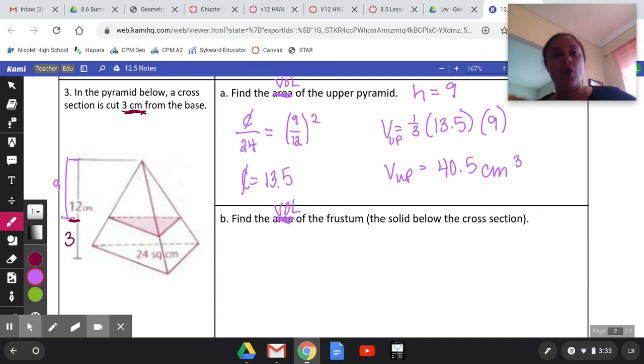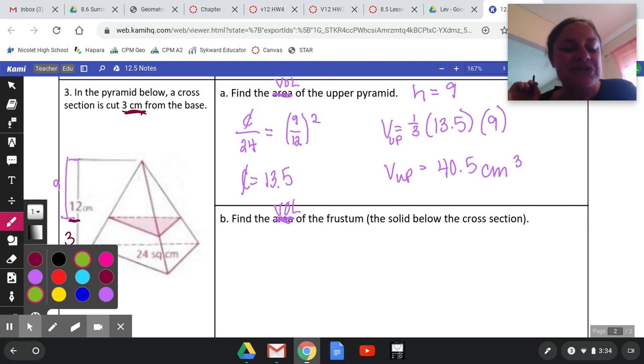I need to find the total volume of the pyramid, and then the volume of the upper pyramid, and find the difference of those two, because what's left over is just that bottom portion. I already found the volume of the upper pyramid. Sweet, good work, Vlesson. Nice.